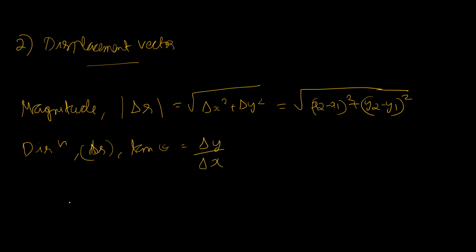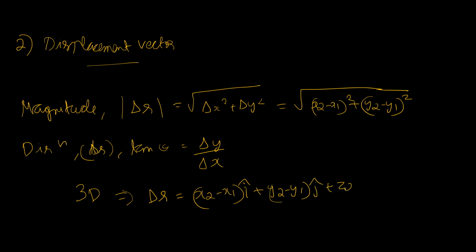In 3D, the displacement vector can be represented as delta r equal to (x2 minus x1) i cap plus (y2 minus y1) j cap plus (z2 minus z1) k cap. Now let us move on to the next one.